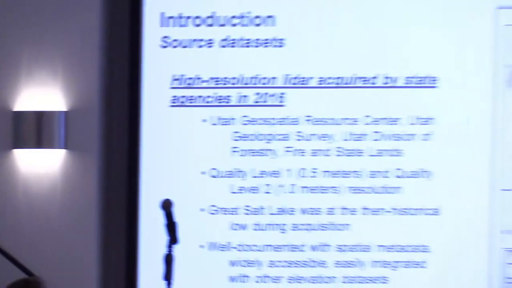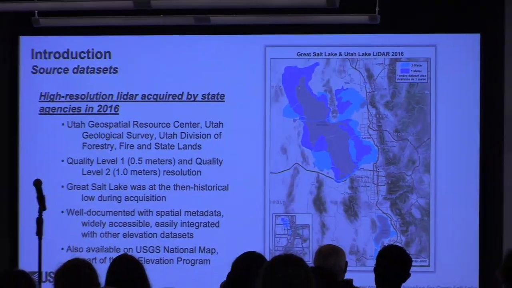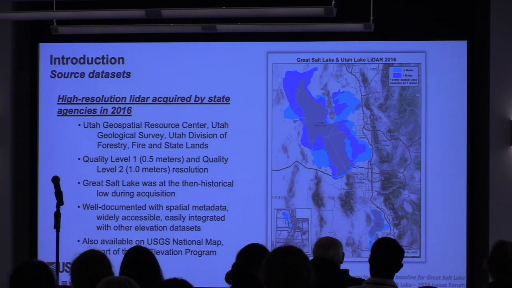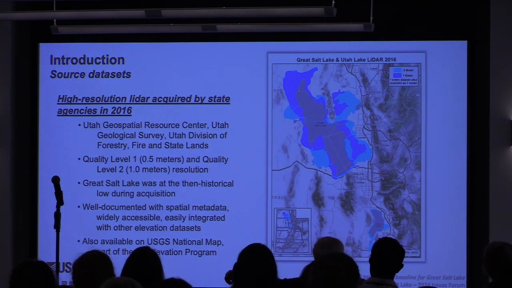The second data set that goes into this new data set is a high resolution LiDAR digital elevation model that was done by the state in 2016. It follows all modern standards. It's between 0.5 meter and 1 meter resolution. Beautiful data, and it's really well reported.